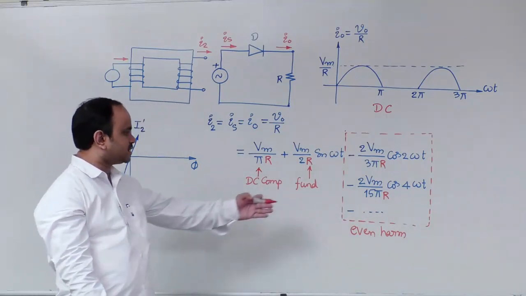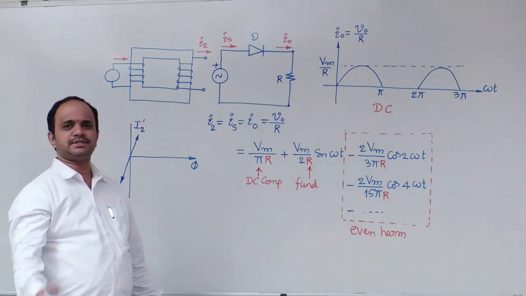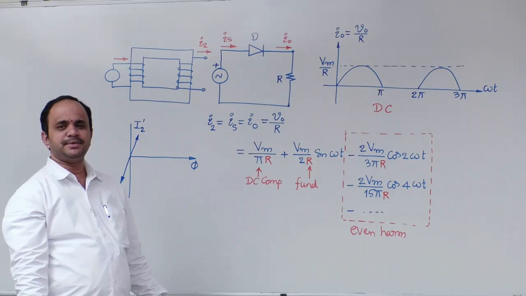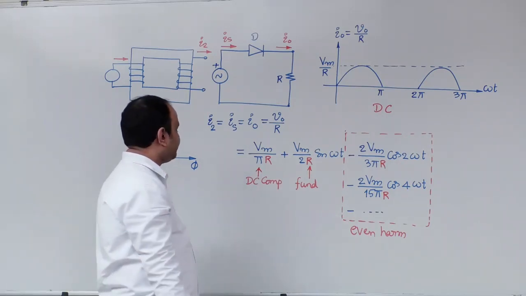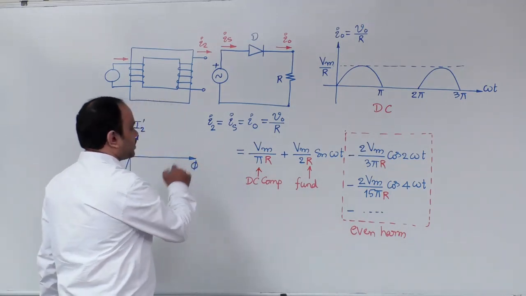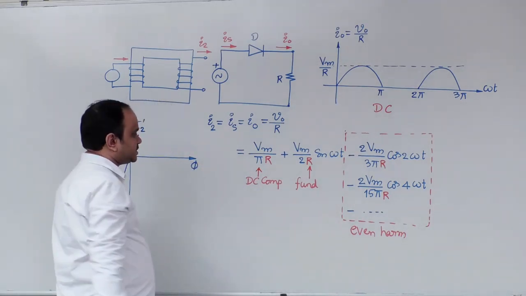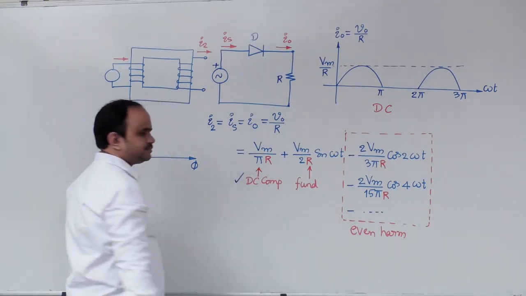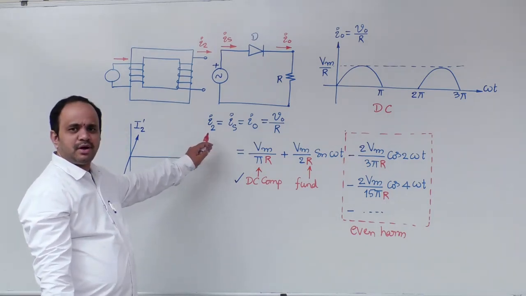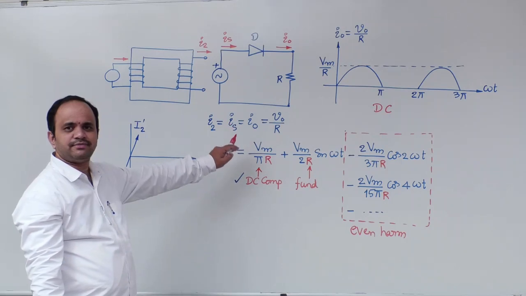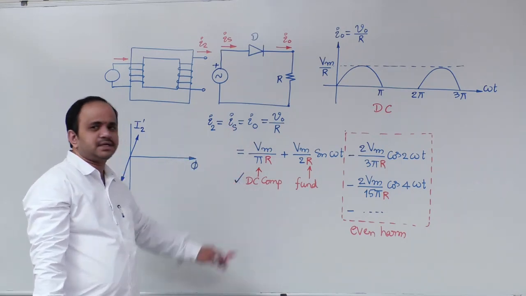Of course, because of the harmonics, harmonic power drawn by the machine will increase and core loss will increase. That is one drawback, but that is okay. Here the main culprit in this total discussion is the DC component. The secondary current of the transformer, or source current of the rectifier, contains a DC component.